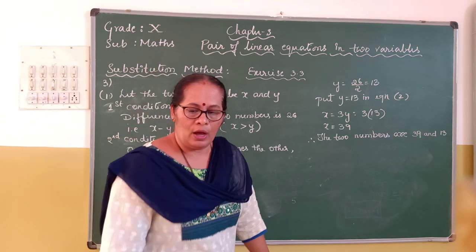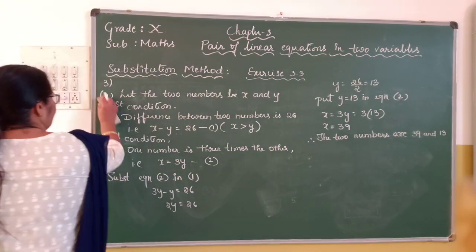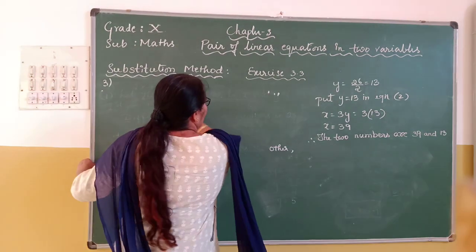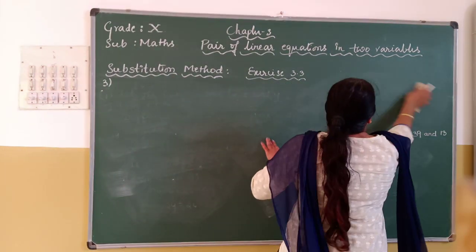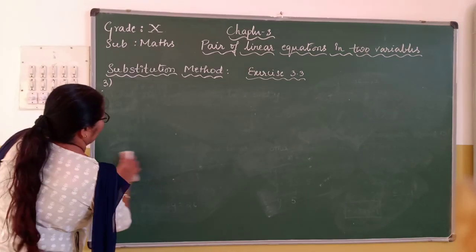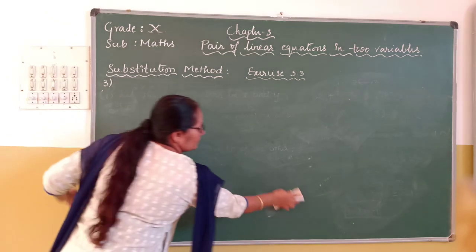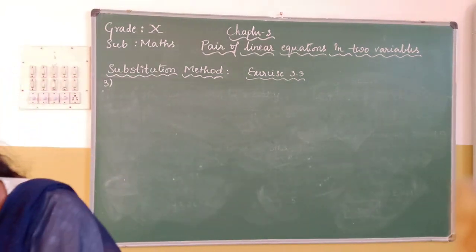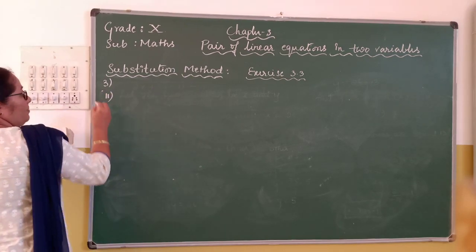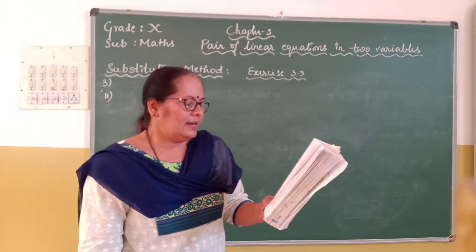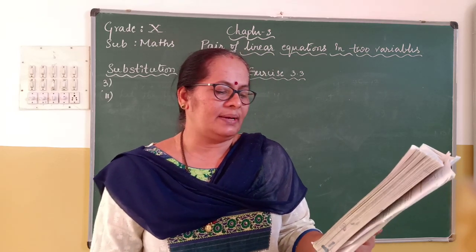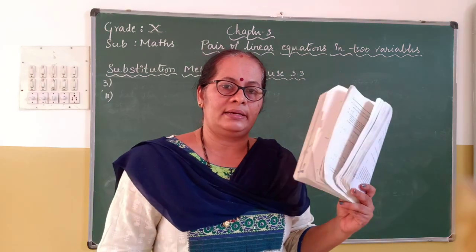Right? Okay. Now, the second question. The larger of two supplementary angles exceeds the smaller by 18 degrees. Find them.